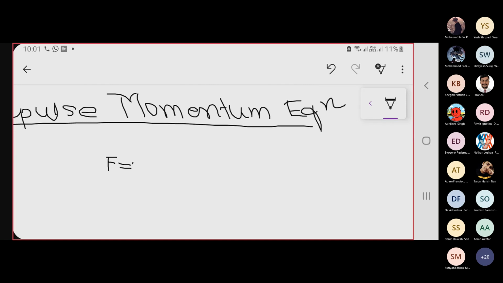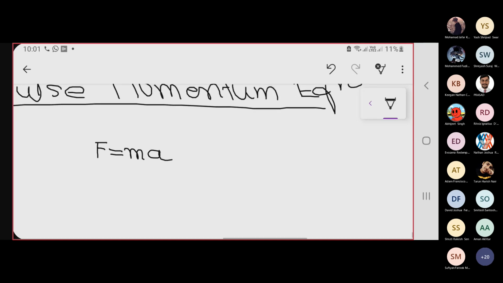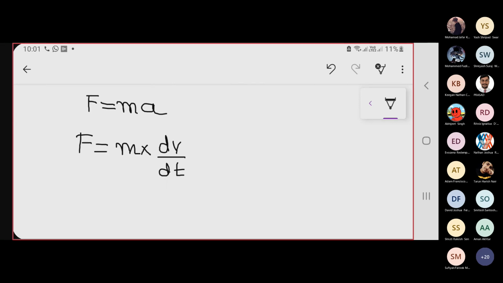All three topics are based on one law, Newton's second law. Force is equal to mass into acceleration, and acceleration is change in velocity with respect to time. So force into time is equal to mass into change in velocity.